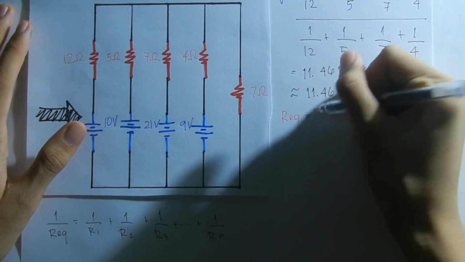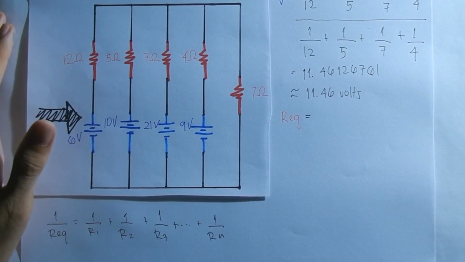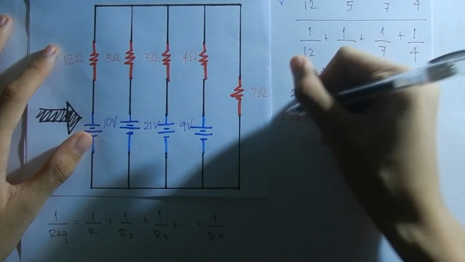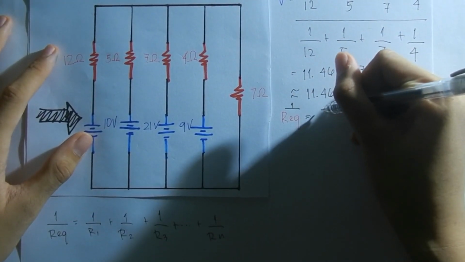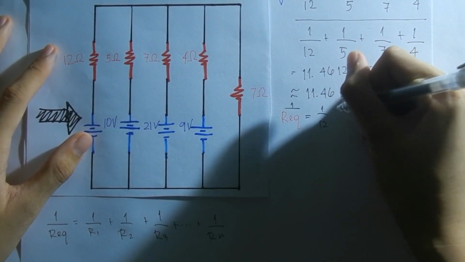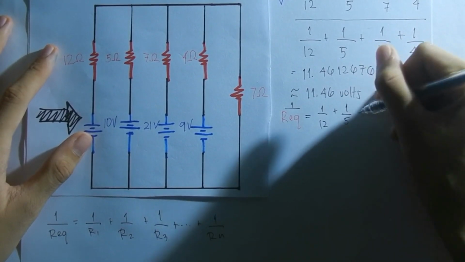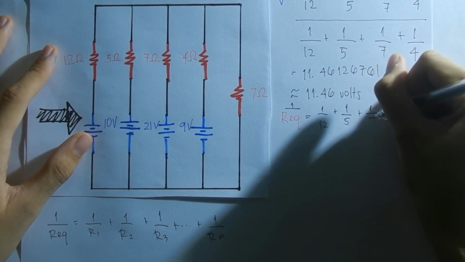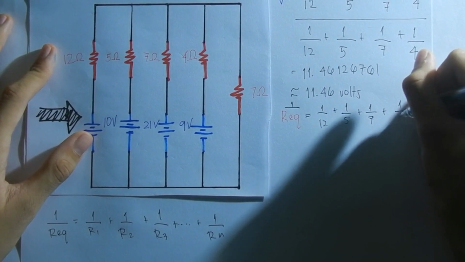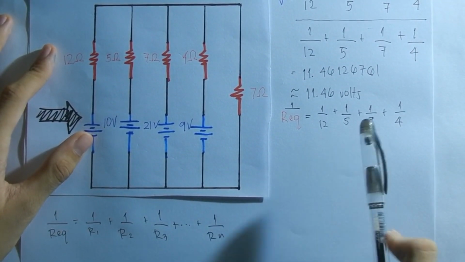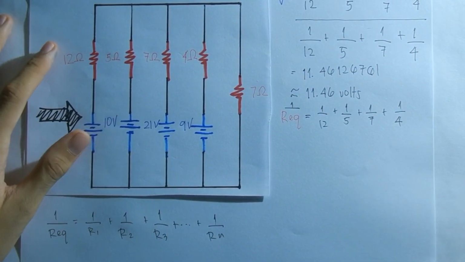Applying this formula, 1 over Req equals 1 over 12 plus 1 over 5 plus 1 over 7 plus 1 over 4, which is R sub 1, R sub 2, R sub 3, R sub 4.